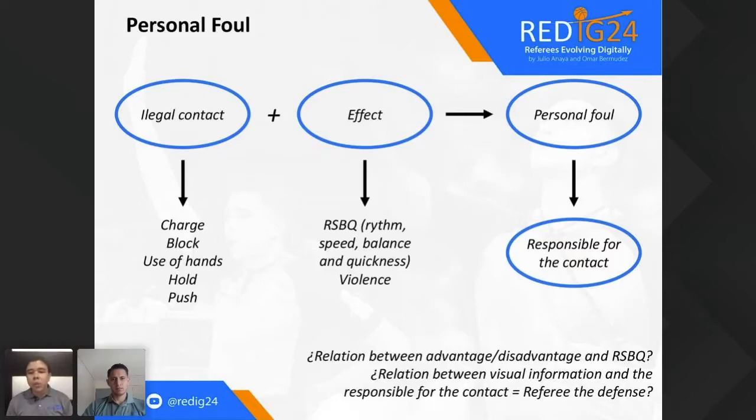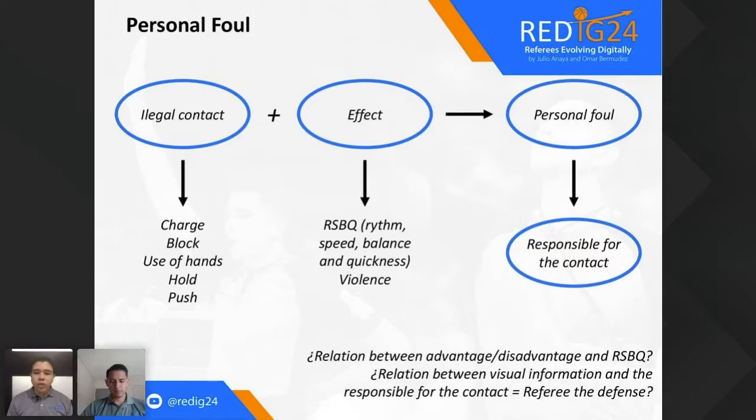But how can we measure that advantage, disadvantage? The RSBQ is a good tool we have to measure the advantage or disadvantage that the person receiving the foul is having.